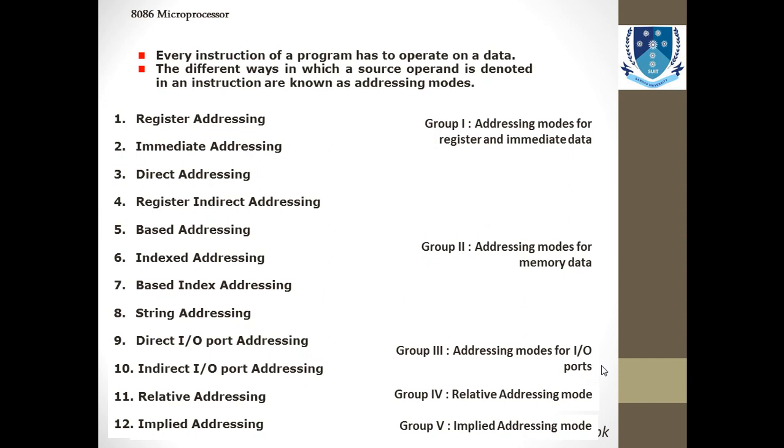Group 1 is addressing modes for register and immediate data, where you have incoming real-time data, or you have stored some data in your registers A, B, C. Group 2 is addressing modes for memory data. If you have interfaced your microprocessor with any external memory, you can address it using these modes.